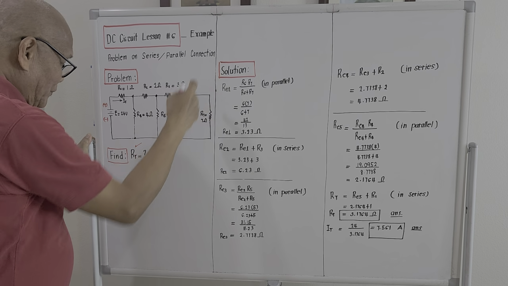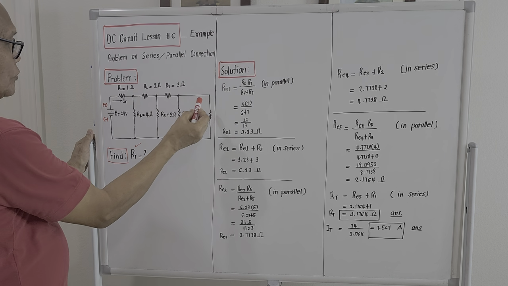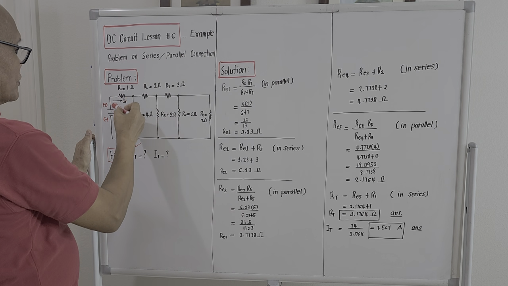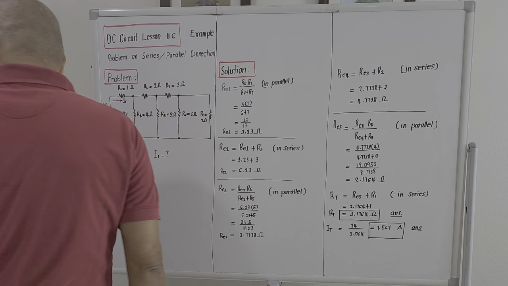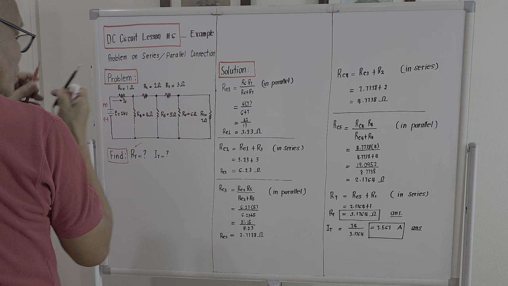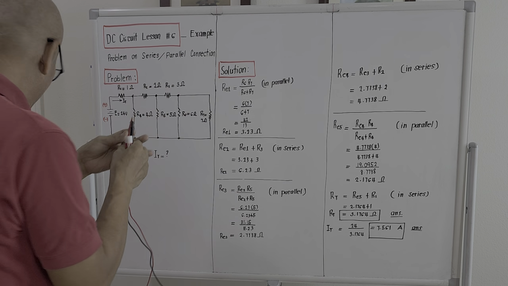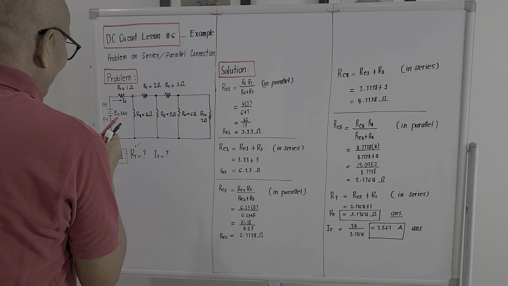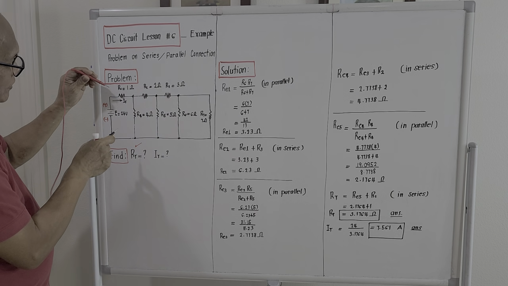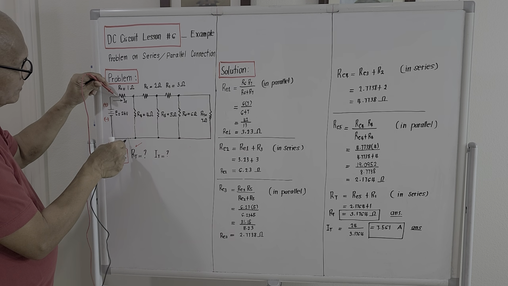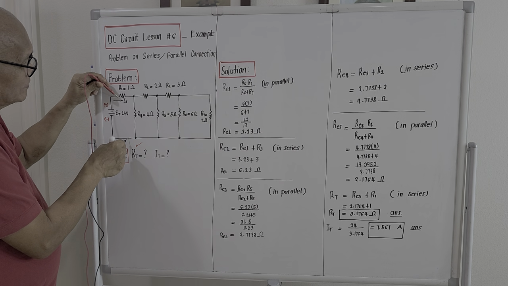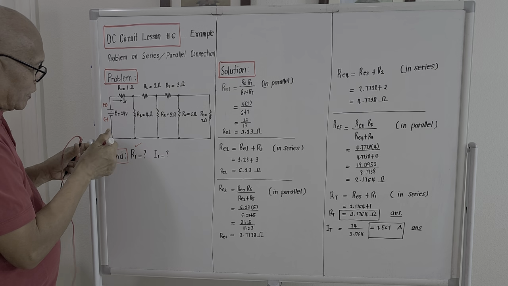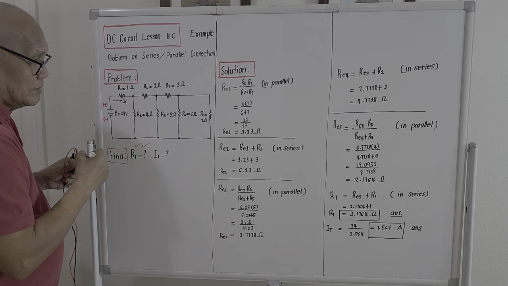For the solution, to compute for the single equivalent resistance of this, single equivalent meaning if we get our multitester and try to measure the resistance across this terminal here, the problem is asking what will be R total equal to.